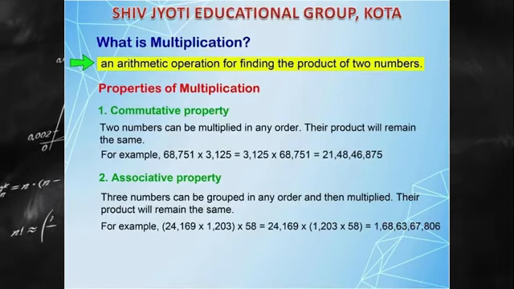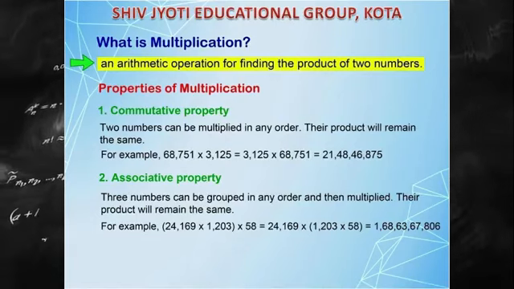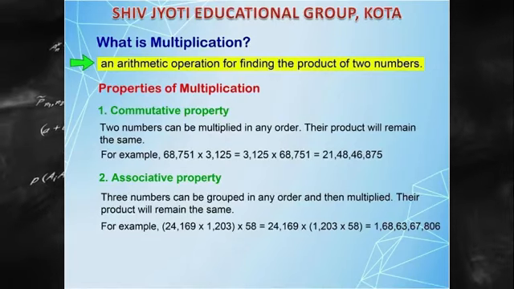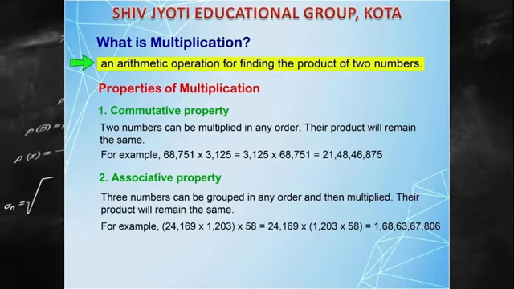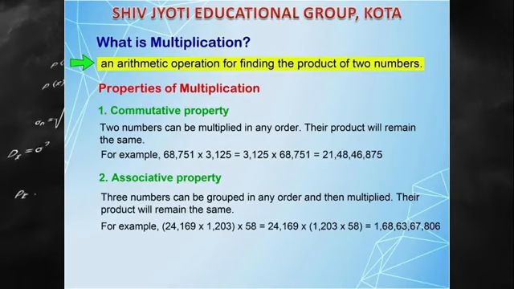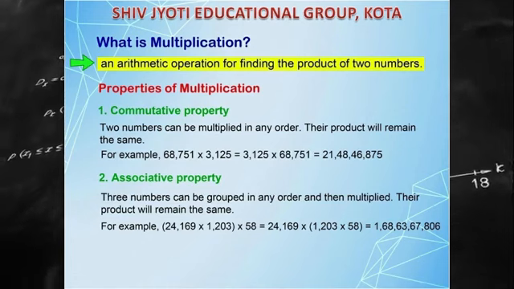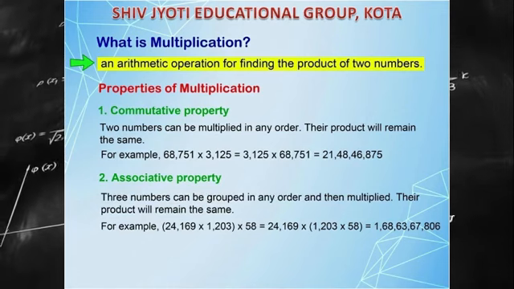Now next is associative property. Associative means that the grouping does not make any differences, or we can say three numbers can be grouped in any order and then multiplied, their product will remain the same.